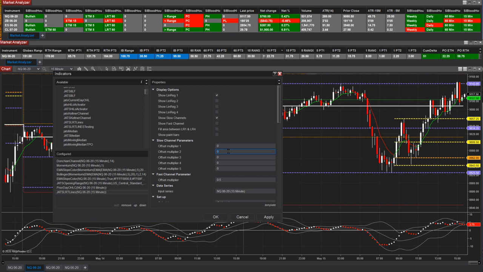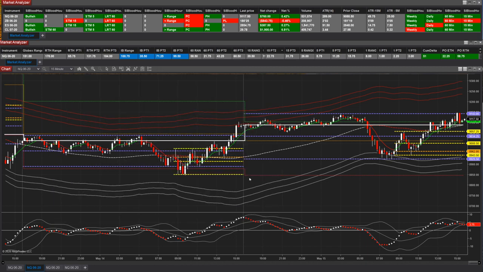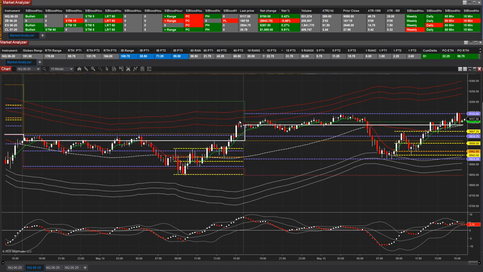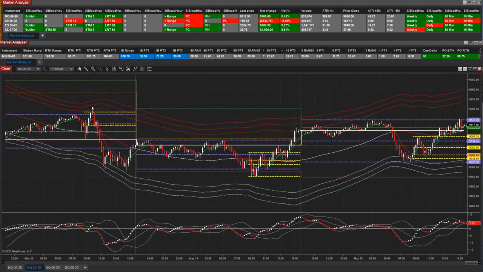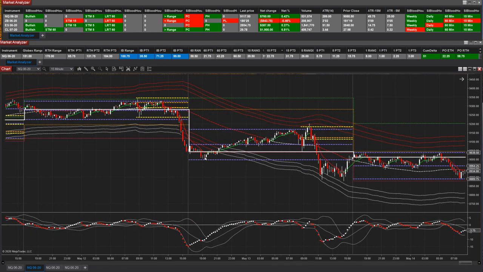So if you wanted to see what a 5, 6, 7 looked like, you would get the middle of the trend and offsetting boundaries. So you're looking for a return from your boundary level back to the middle.